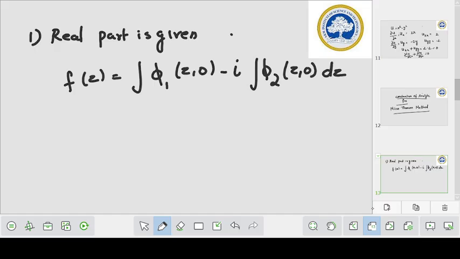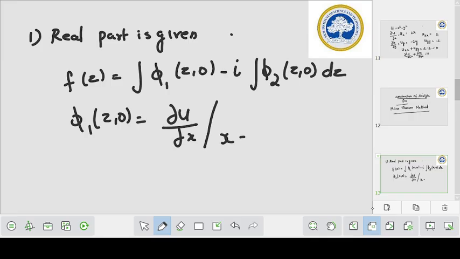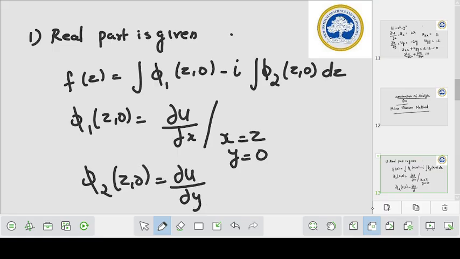Here phi 1 of z comma 0 is dou u by dou x, by putting x equal to z and y equal to 0. And phi 2 of z comma 0 is dou u by dou y at x equal to z and y equal to 0.